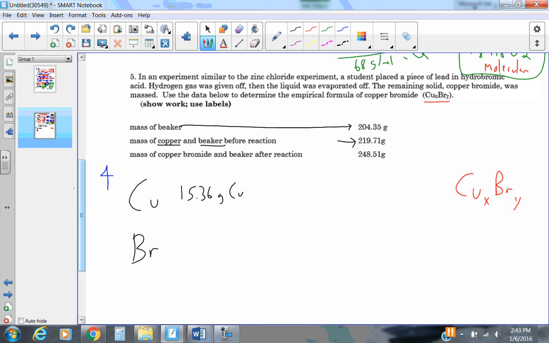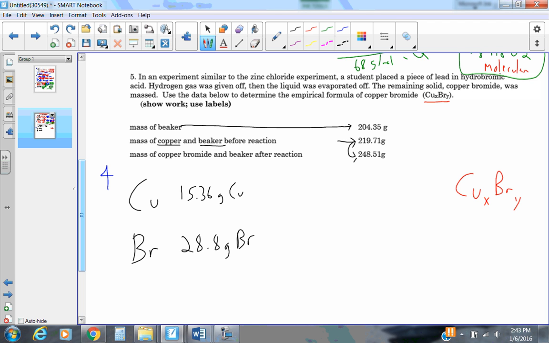Then we know that after the reaction was done, it gained a bunch of weight. And the only thing that it gained is going to be bromine or bromide. 248.51 minus 219.71 means that it gained 28.8 grams, and that had to have been the bromide. So the first thing is just analyzing lab data to figure out how much of each substance we used.